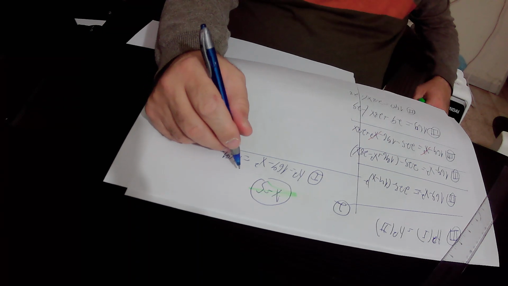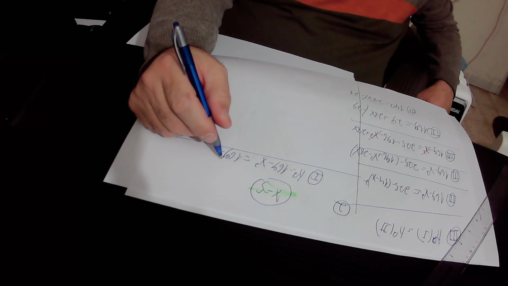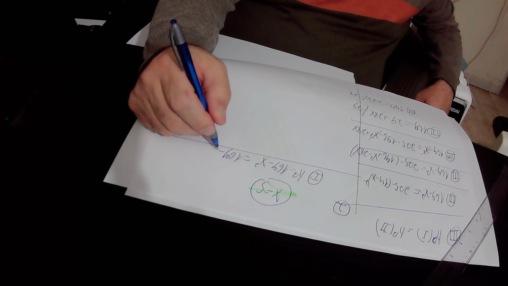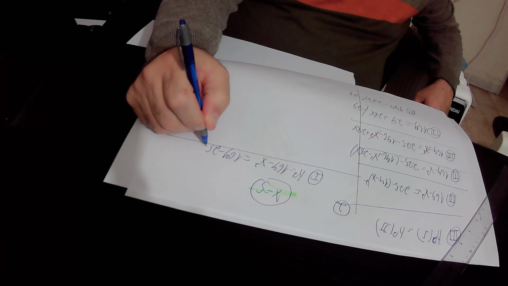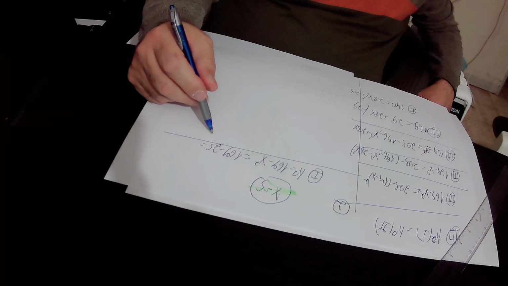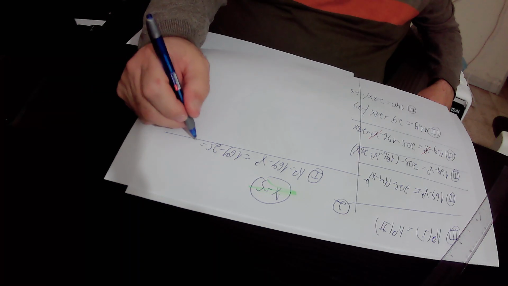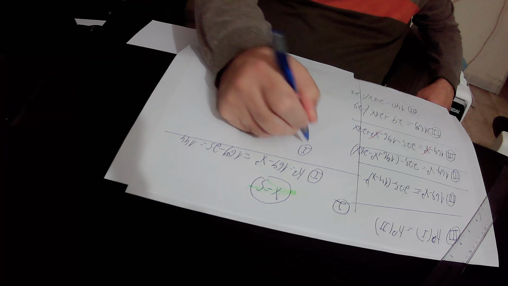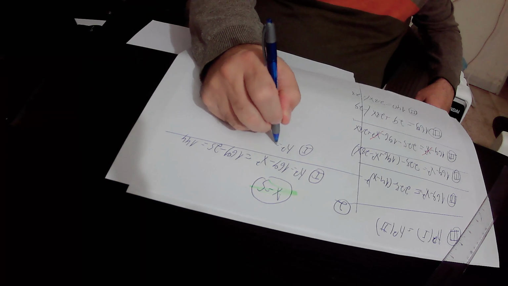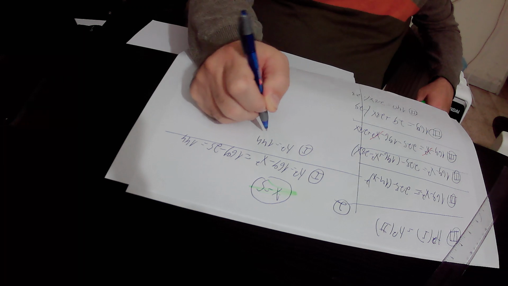But x is 5, therefore x squared is 25. So here it will be minus 25. So h squared equals 169 minus 25, that is 144. So in conclusion, we found out that according to equation number 1, h squared equals 144.